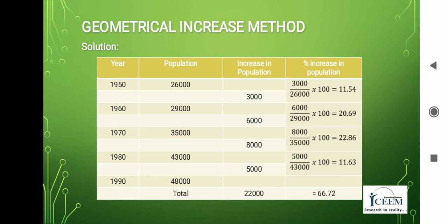It is calculated near about 20.69%. Similarly, for next decades, 1970 to 1980 and 1980 to 1990, the percentage increase in population is 22.86 and 11.63% respectively.